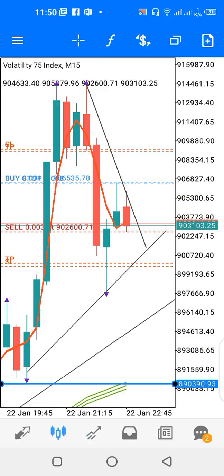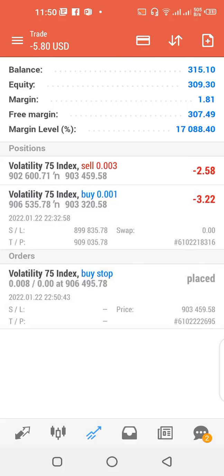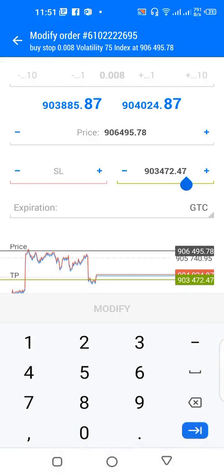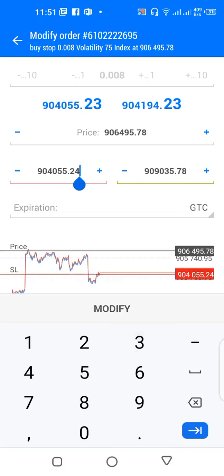So I'm going to set the TP to be the same TP as the original or starting buy trade. Using the same take profit and stop loss, I'll be setting the take profit to be 909,035.78, which is 2,500 points above my pending order.